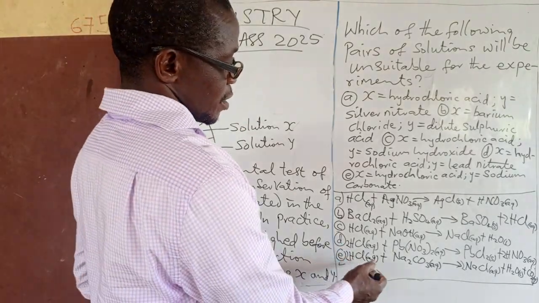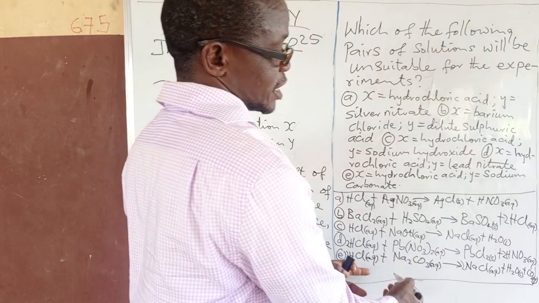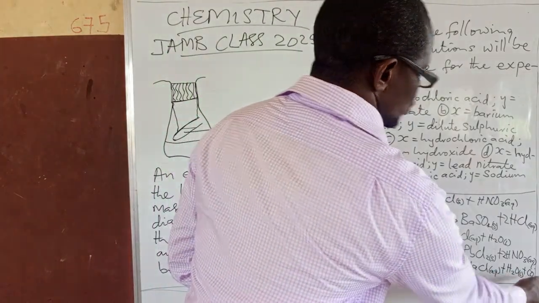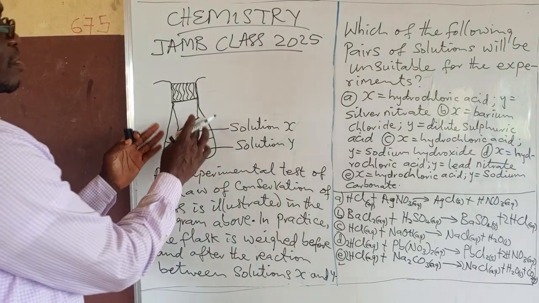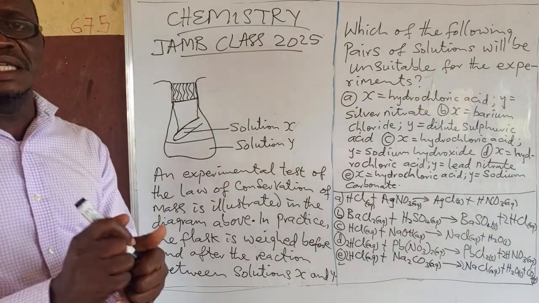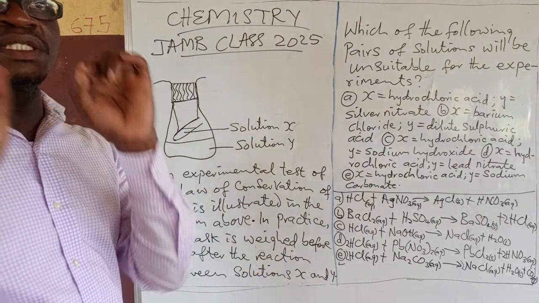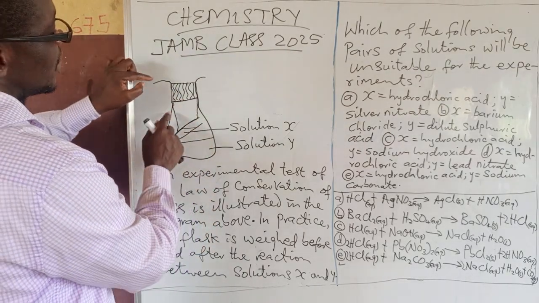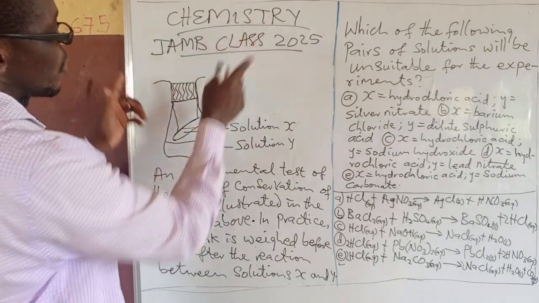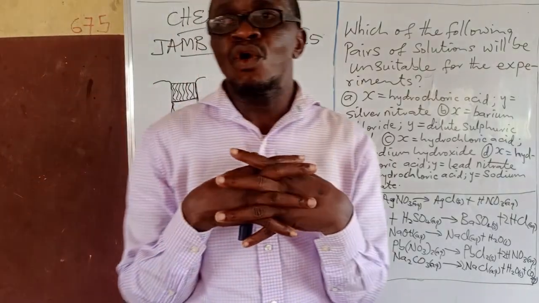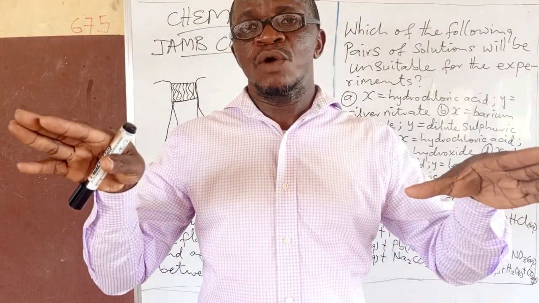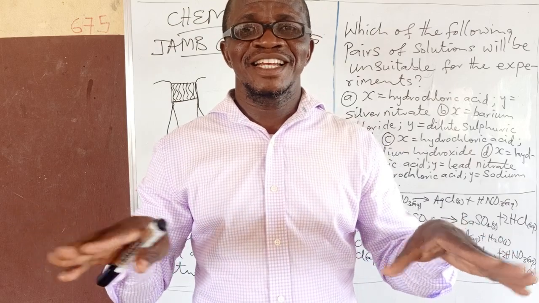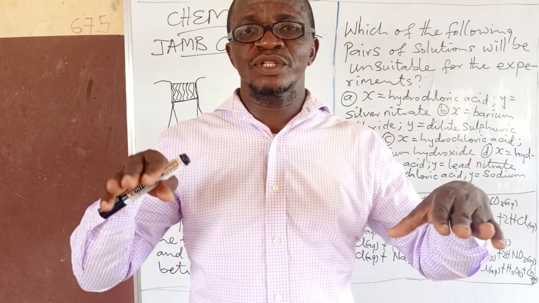So E, when you react the two substances they gave you, you have sodium chloride, you have water, and you have CO2. This reaction is designed in a way that you are not supposed to miss anything. But when that gas is formed, the gas can pass out with its own mass, whereby there will be a reduction in the mass. The mass will not be exactly what it was.